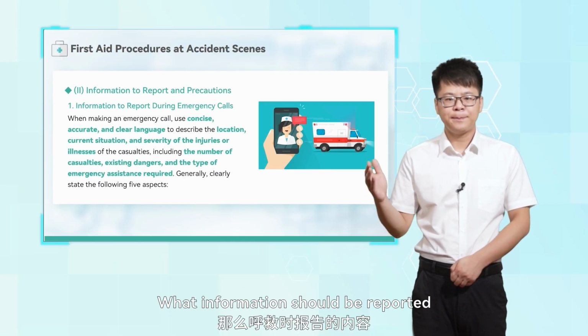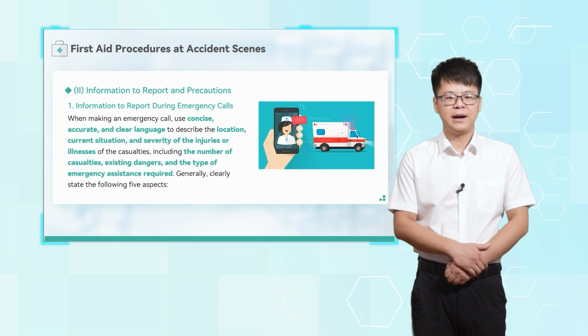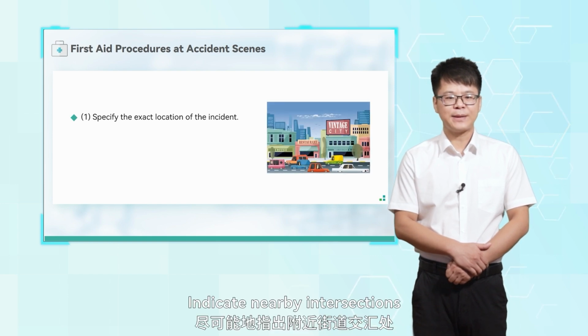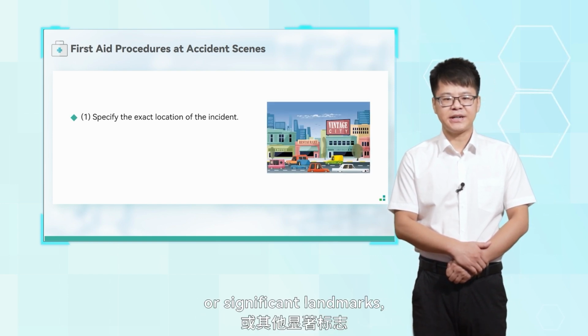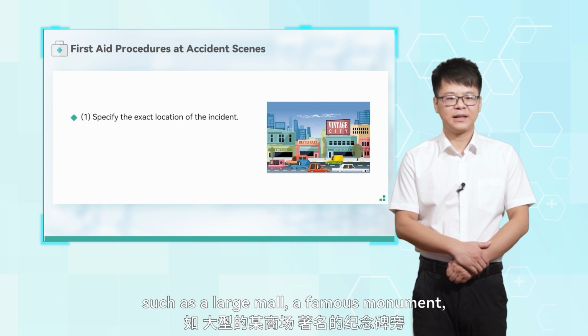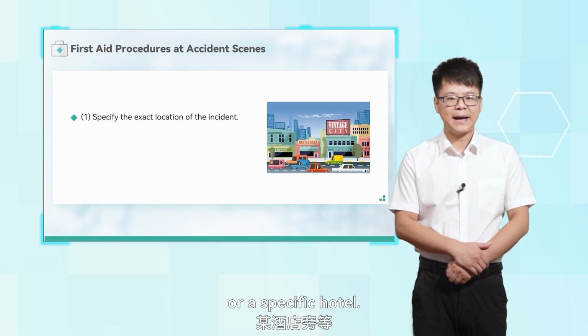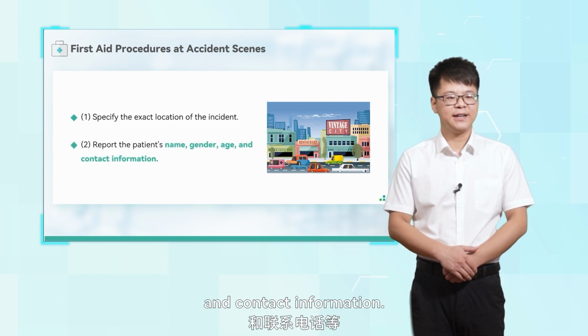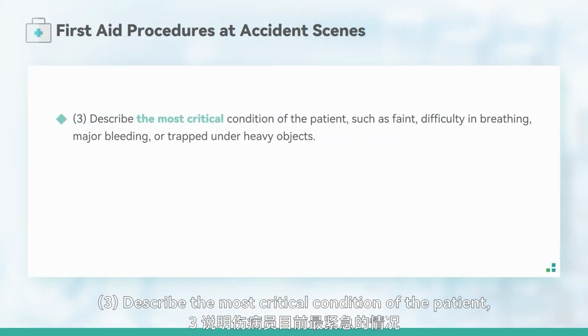What information should be reported when calling for help? 1. Specify the exact location of the incident. Indicate nearby intersections or significant landmarks, such as a large mall, a famous monument, or a specific hotel. 2. Report the patient's name, gender, age, and contact information. 3.